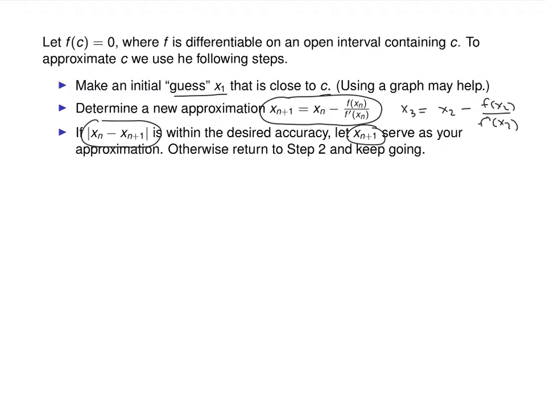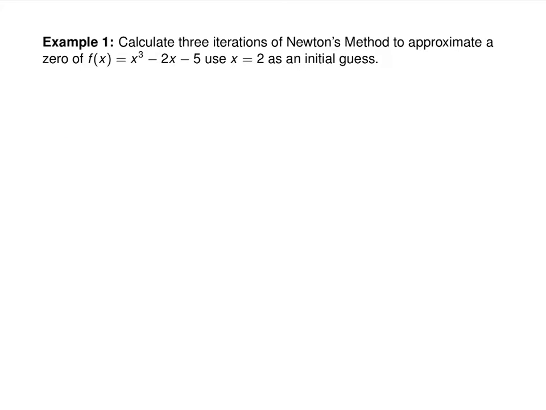Okay, so let's actually look at something with specific numbers. So we're going to calculate 3 iterations of Newton's method to approximate a 0 of this function. And we're going to use x equals 2 as our initial guess.